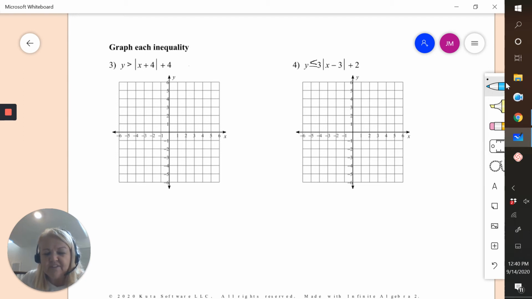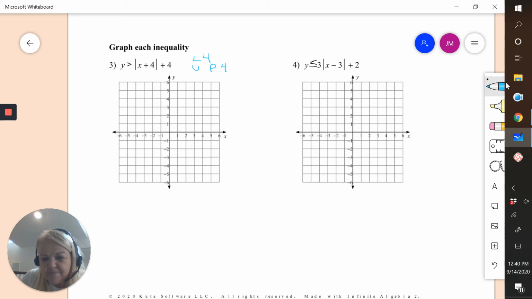Well, it's the parent graph, but the parent graph is shifted, and it's shifted left 4, that's what that minus 4 does, and up 4. So that's what that plus 4 does. So remember our parent graph had a vertex.